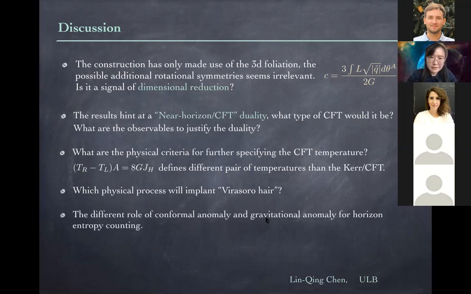The next interesting question is that there are actually two types of anomaly in the story. One is the conformal anomaly, our central charge. The other is the gravitational anomaly, which would correspond to this Wald-Zoupas counterterm. It usually encodes the lack of diffeomorphism invariance in the AdS boundary.